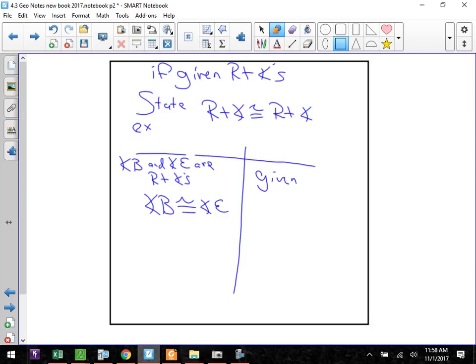Sorry, it was just kind of funny. So I'll just say that angle B is congruent to angle E because all right angles are. I don't think it was totally 100% necessary that we write that one out, but it's not a bad thing to have in front, just in case.